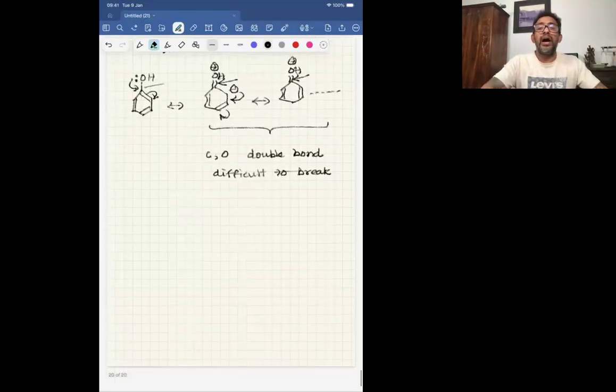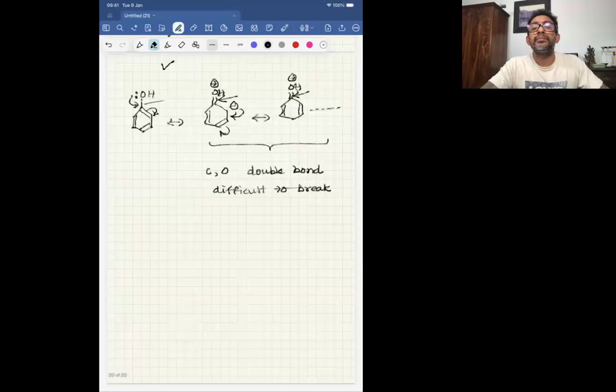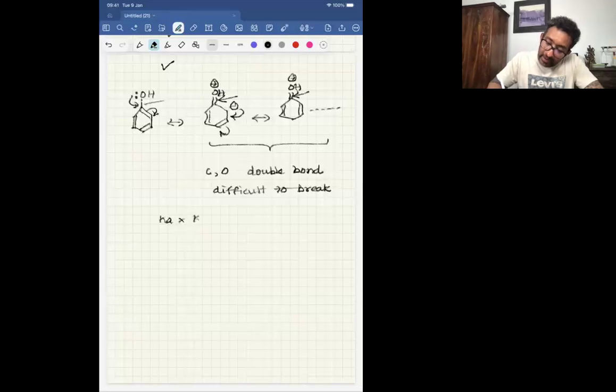Right. Are there any questions here? If the acidic character increases, does it mean the basicity decreases? Yes. When the acidity increases, the basic property decreases. You know, Ka times Kb is equal to Kw.